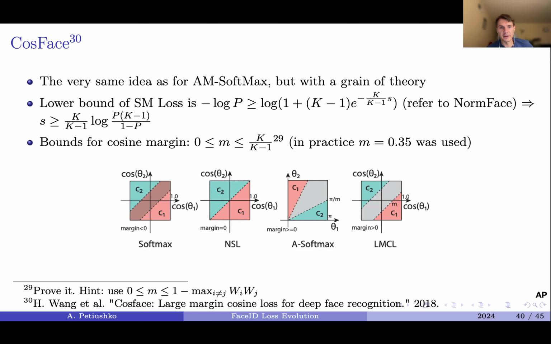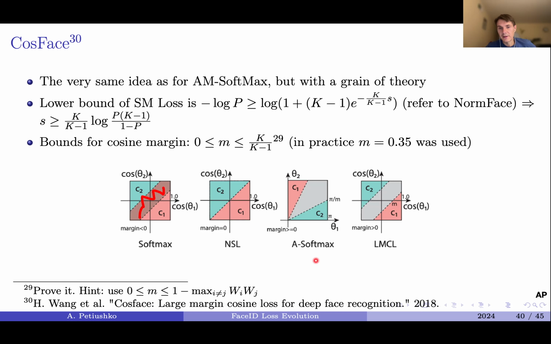Yeah, and here is an illustration of how different losses try to push different classes. For softmax, if we have cosines as axes, the classes just overlap. For normalized softmax, we have a clear separation, but still no margin.